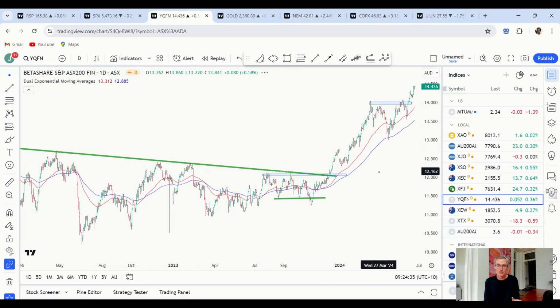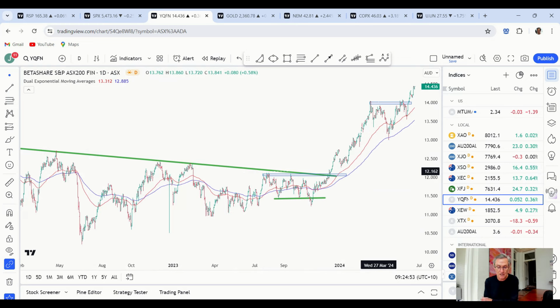This is not giving us signs that the economy's really lurching lower and starting to deteriorate. Financials are doing well. This is generally led by the banks, but financials generally.